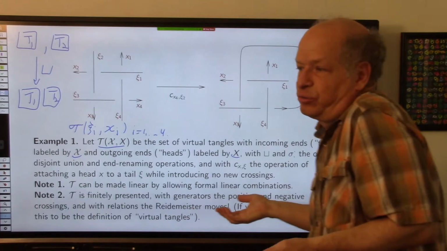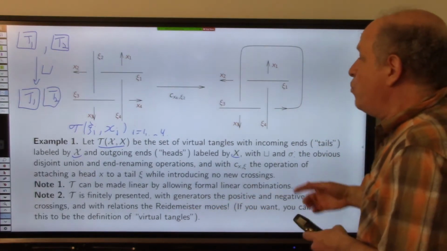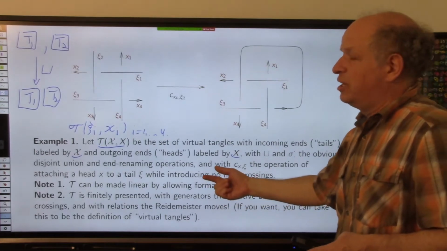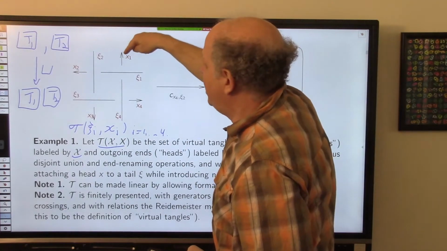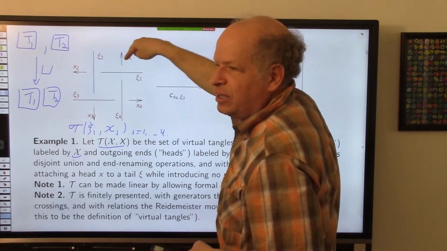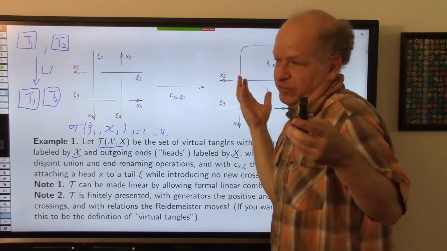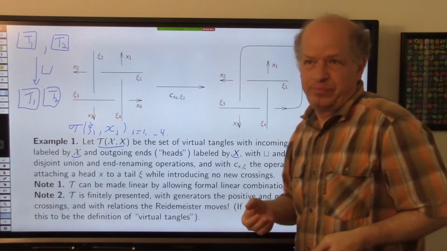It's almost doing nothing. Okay? The renaming operations are, basically, I can rename the labels, so the ends. So instead of calling this x1, I could call it George if I wanted. Okay, so there are renaming operations.